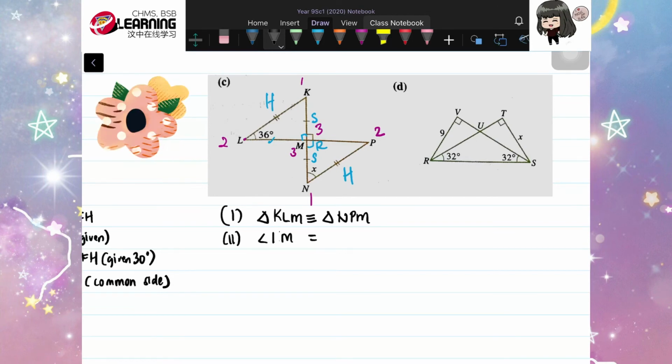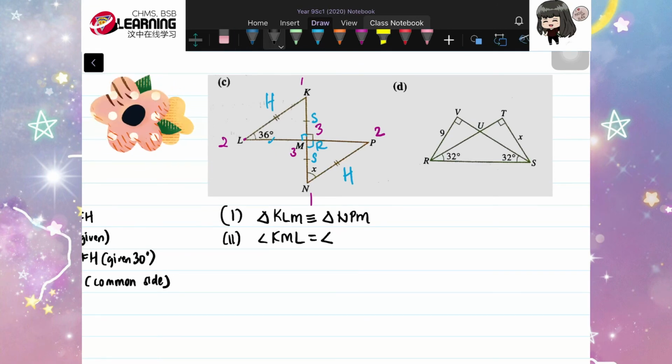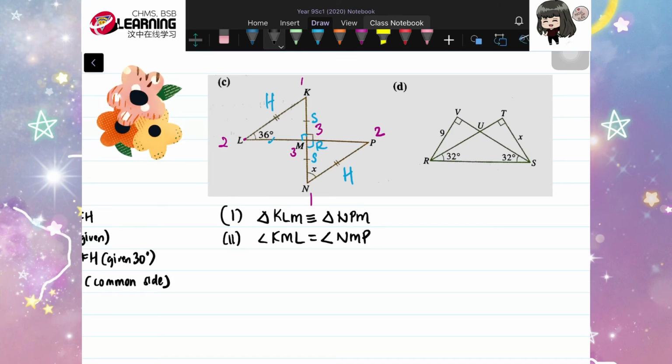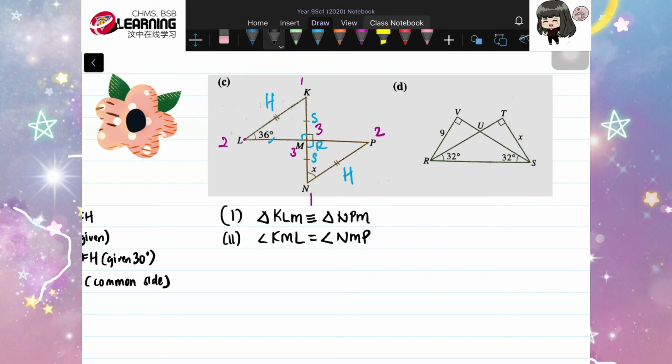Okay, so angle KML is equal to 132, so it's NMP.